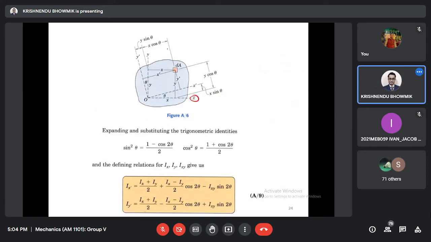This is x, y, x prime, y prime. This is theta. So now this is y prime, x prime, x and y. Now for this rotation, what we are looking for, we want to calculate the distance.